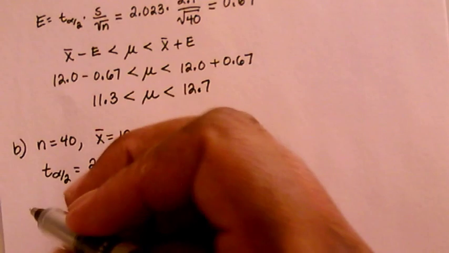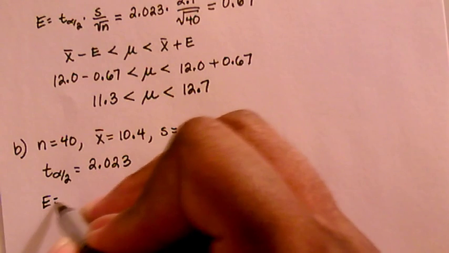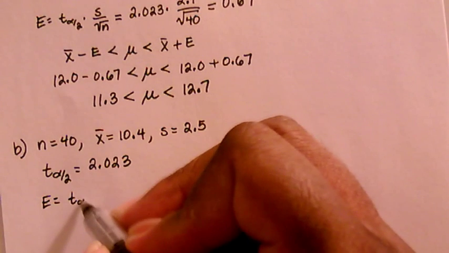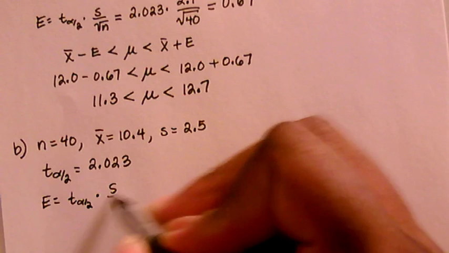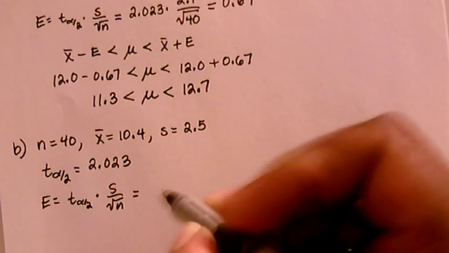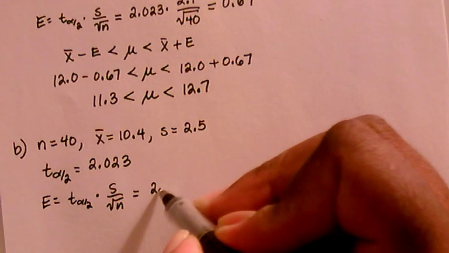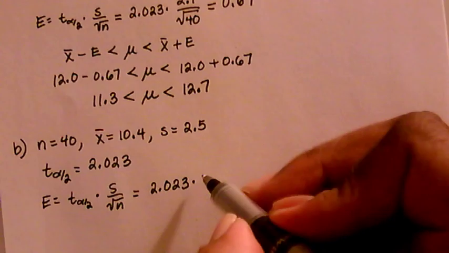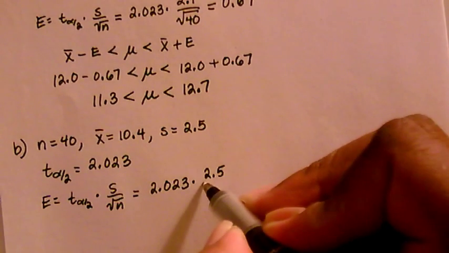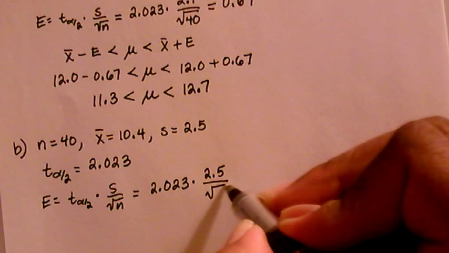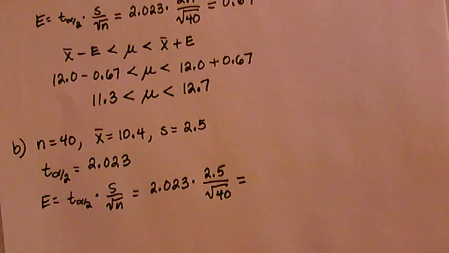Okay, so the margin of error is t of alpha over 2 times s divided by the square root of n. And here we got 2.023 times s. This time is 2.5 divided by the square root of 40, which is what n is.